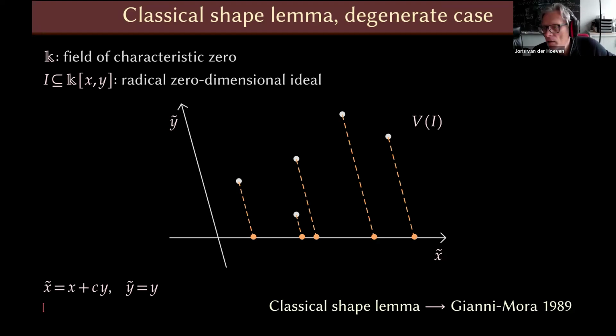So here I focused on the two-dimensional case, but this actually works in any dimension. At the end of my talk, I will give some formulas for the general case, but just to keep things simple, let's mainly focus on the two-dimensional case where the formulas are a bit easier.